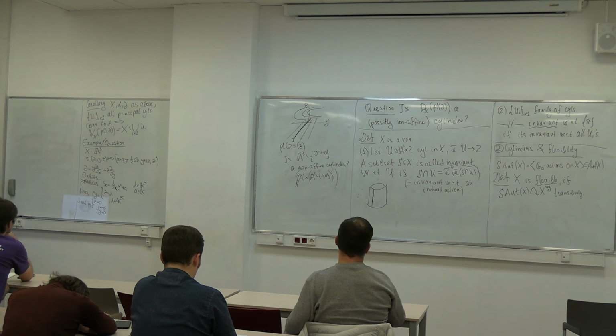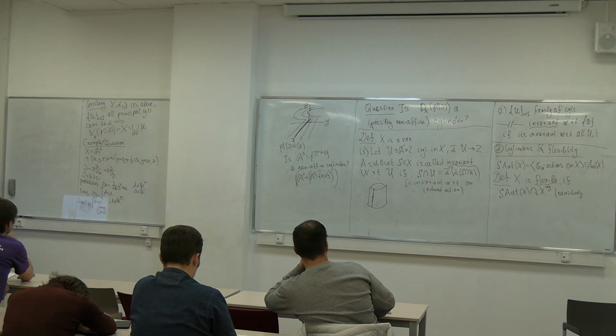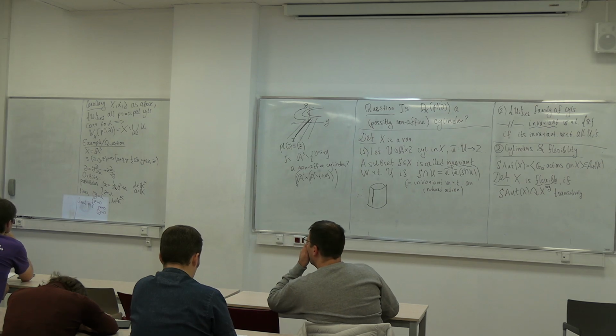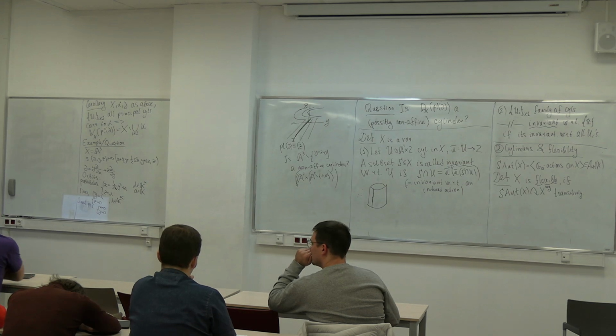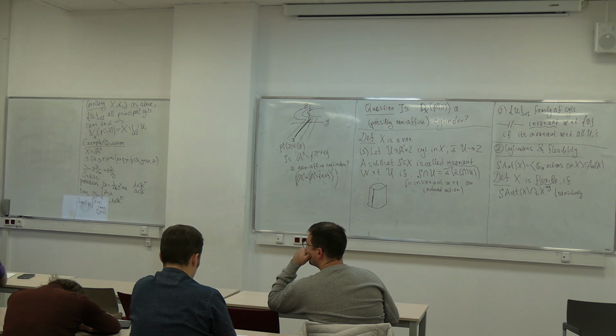Okay, so the main purpose of this talk is to prove flexibility of two families of varieties. But before this, a little bit of preparation. So first of all, similarly to this geometric criterion of existence of a GA action, I can formulate a geometric criterion for flexibility as follows.